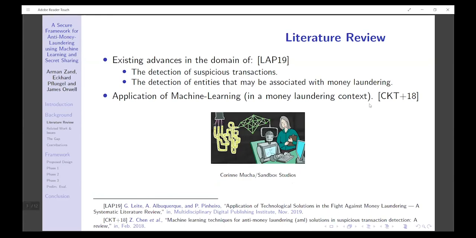In the literature review, we focused on the detection of suspicious transactions, definitely more so than detection of entities that may be associated with money laundering. That is the transaction information, to see how we can distinguish suspicious and non-suspicious transactions.